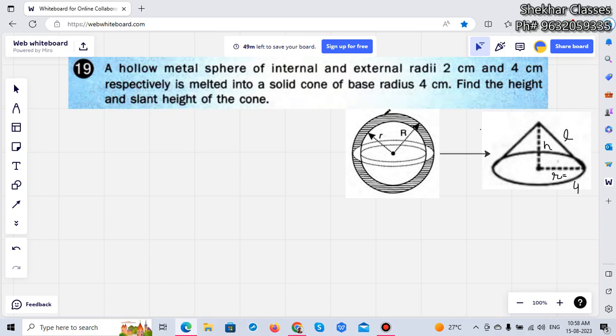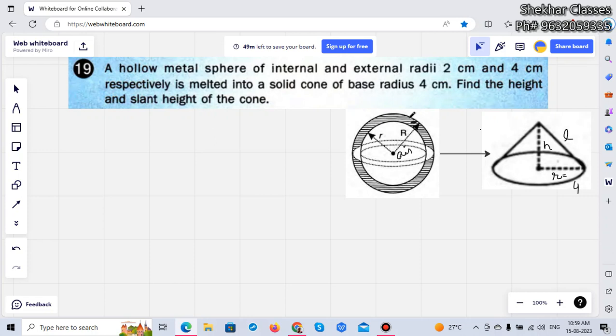Now how to find the volume of this sphere which has a metal part? If you take the bigger radius capital R and you find out the volume of this sphere, you will find the volume of this metal part and also the air inside it. If you take the smaller r and find the volume, you will find the volume of only air.